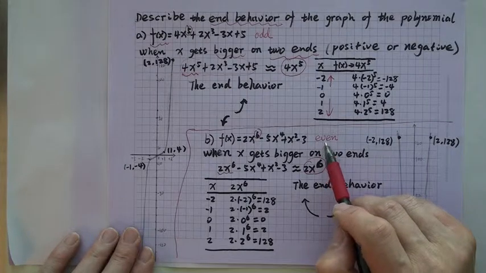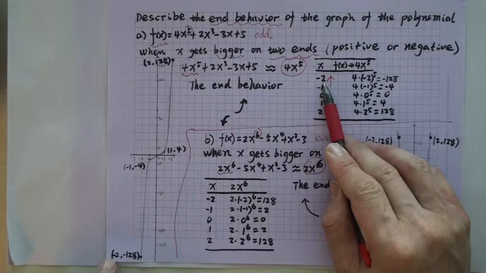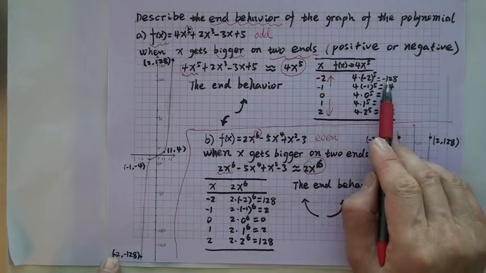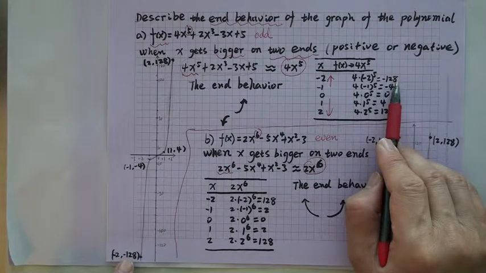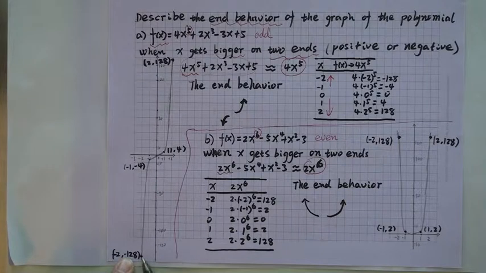And then you have 5 pairs. Negative 2 right here, and then you have negative 128. X is negative 2, y is negative 128.